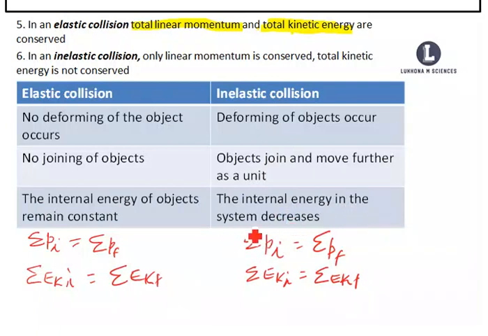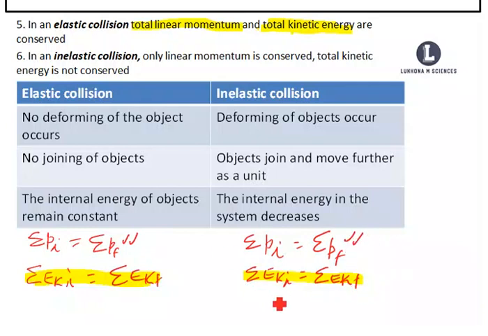Okay, so let's take one example from the examples that we did to prove whether the collision was elastic or inelastic. If we check whether the collision is elastic or inelastic, we are going to look at the kinetic energy, because in both collisions the momentum is conserved.